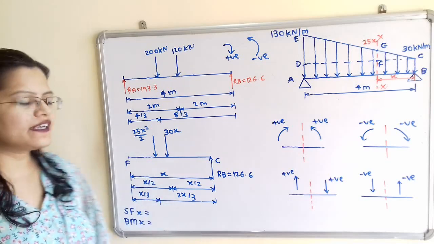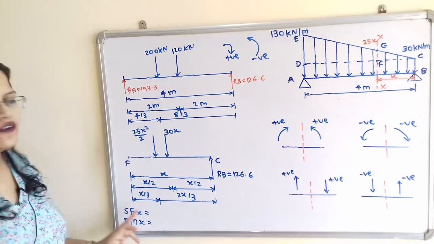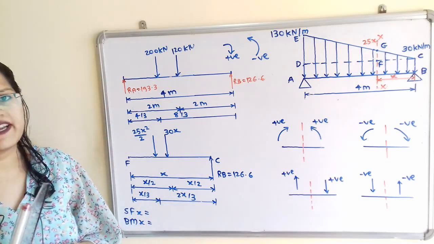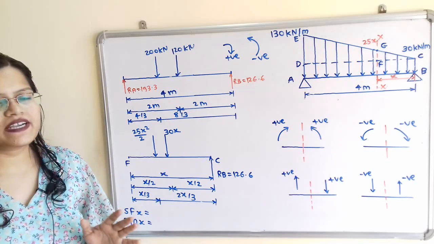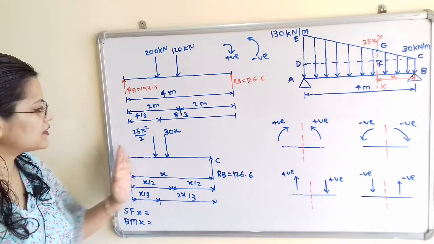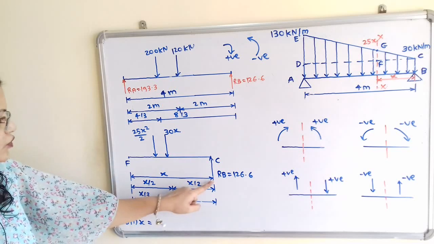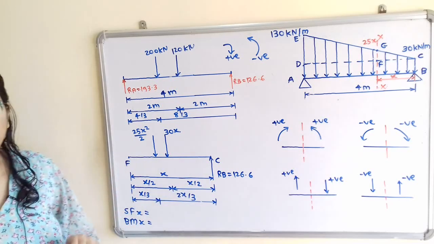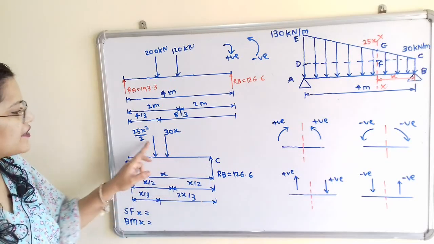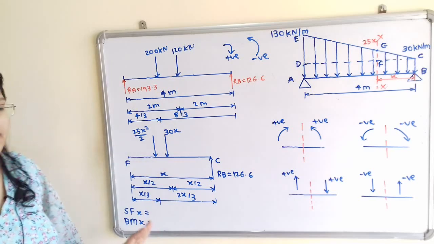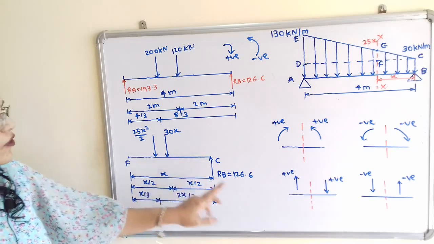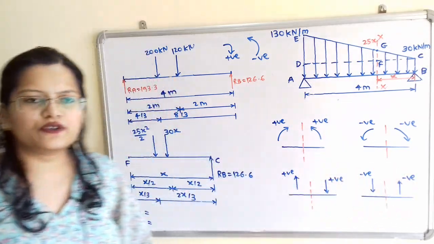From this free body diagram, we will write the formula to calculate shear force at any distance x. So we will take the summation of forces on the right hand side. Here is the distance x up to point F, and there are 3 forces on the right hand side. On the right hand side, if the force is in upward direction, then use negative sign.